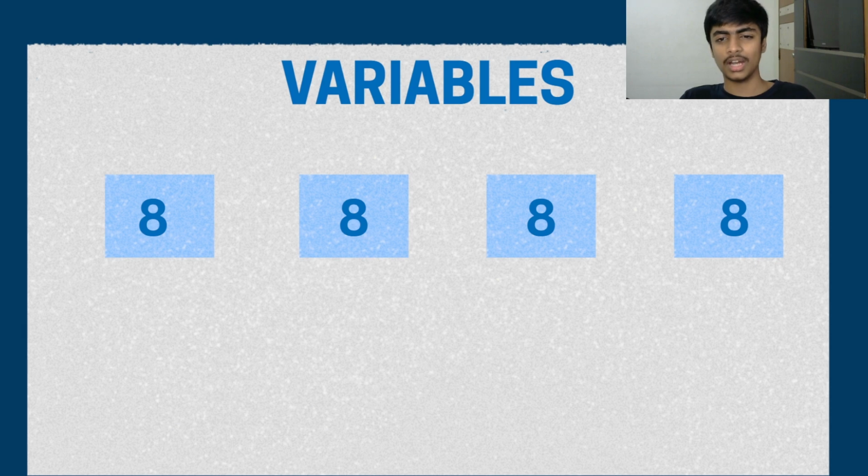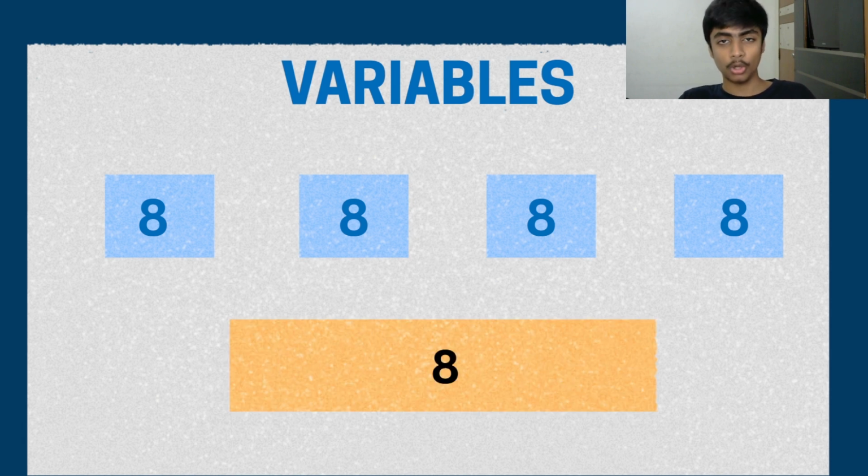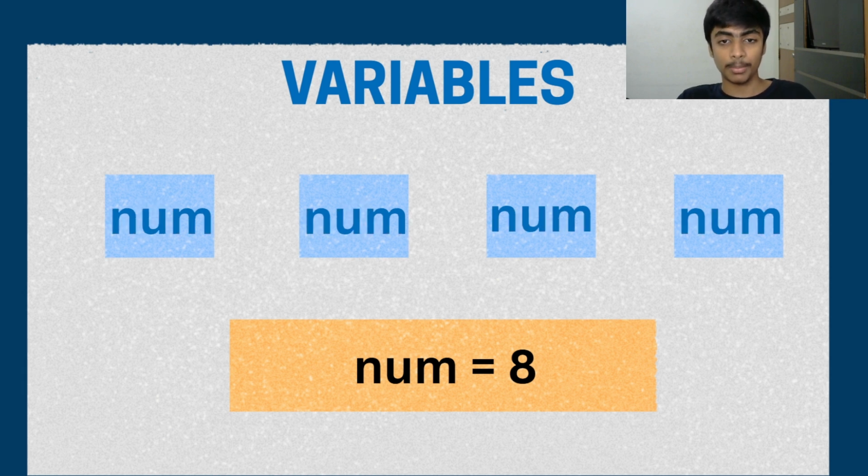And now over here I have a value 8. And let's say I want to change every one of these values to 5. As we've seen, that's really hard. So what we'll do instead is we'll make this box over here which stores the value 8. And we'll give this box a name. We're going to call it num. Instead of using 8, we're going to use this num instead.